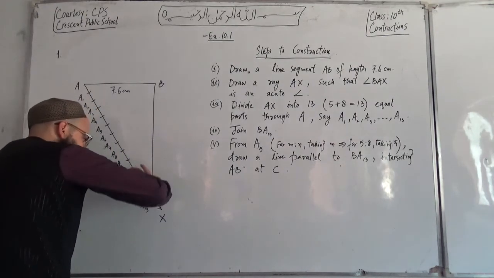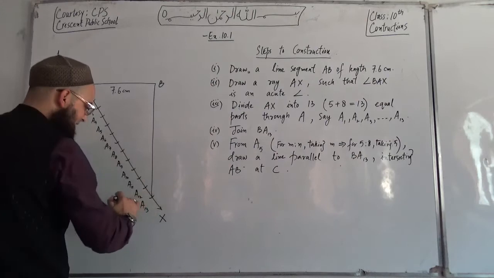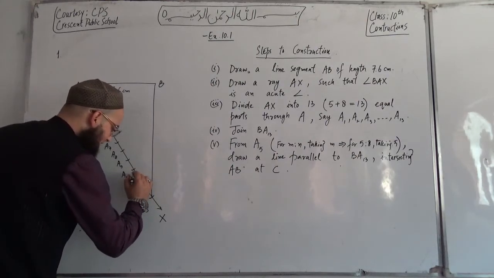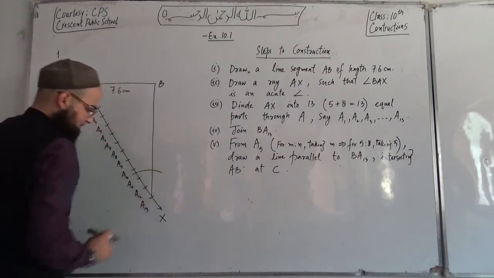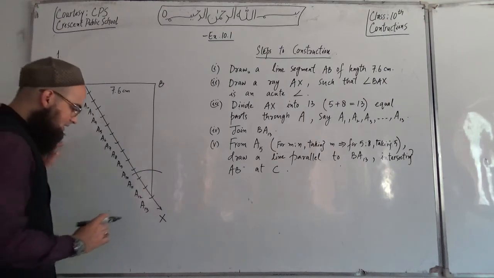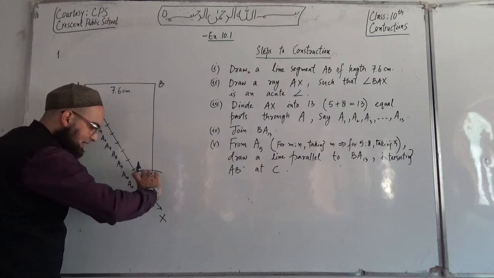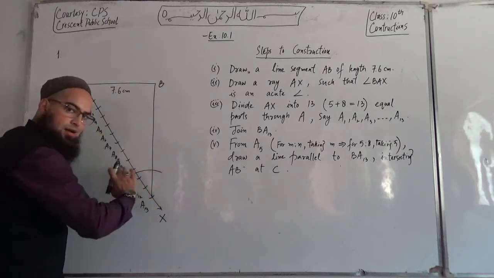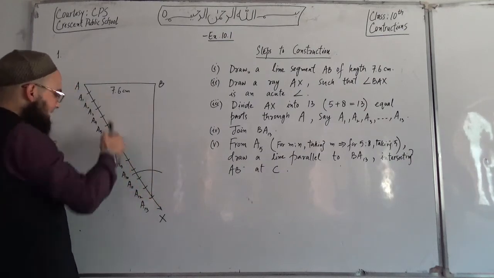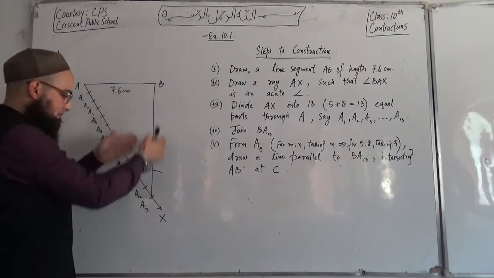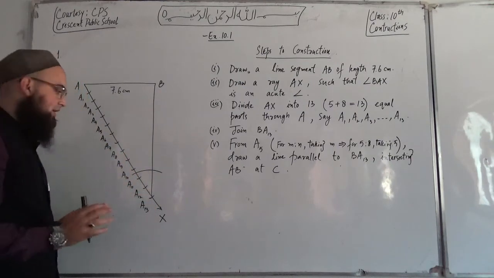So you go like this. Got it? With A13 as center and any convenient radius, draw an arc intersecting this AX at some point and BA13 at some point.